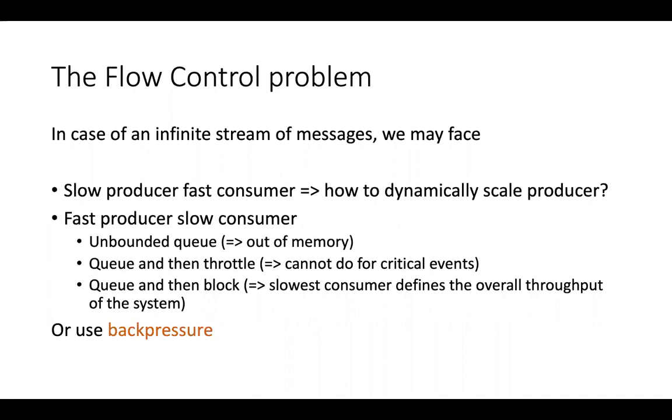And the third thing is that we can have a queue, but once the queue is full, we block the next messages. The producer will be blocked. So in our entire design, the slowest consumer will be blocking the entire system, and its throughput will be the overall throughput of the system. These are the three ways in general that we solve it.